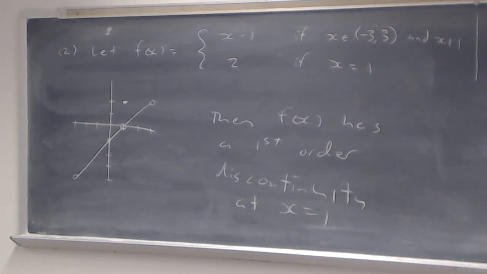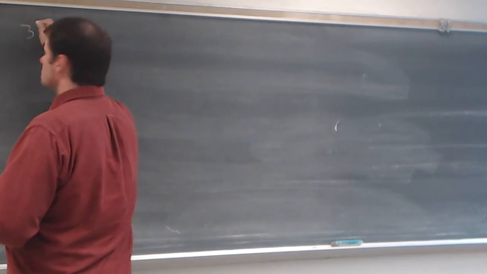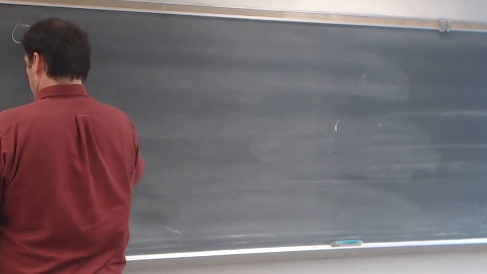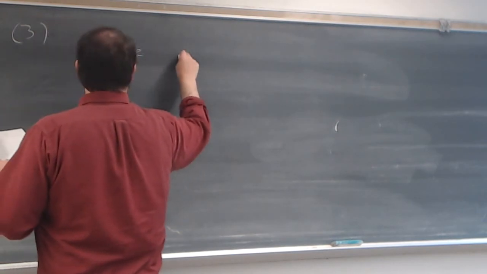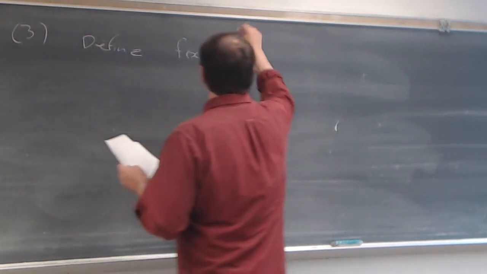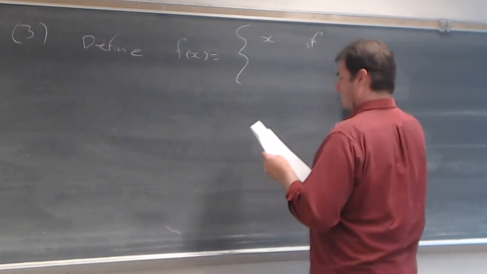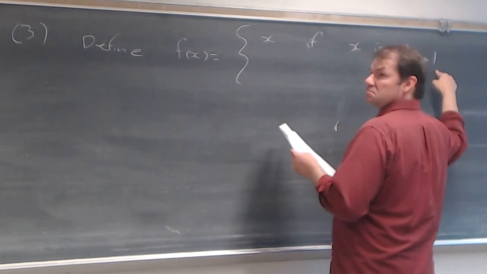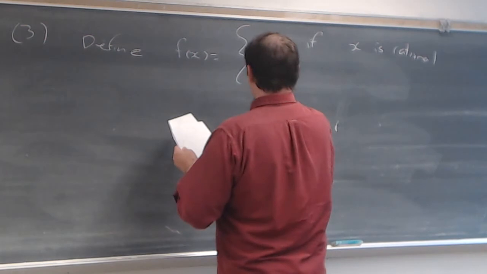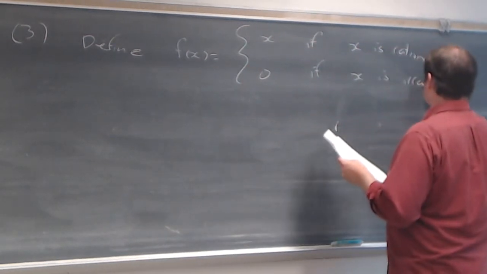We'll look at another example. So we define f of x equaling x if x is rational and it's equal to 0 if x is irrational.